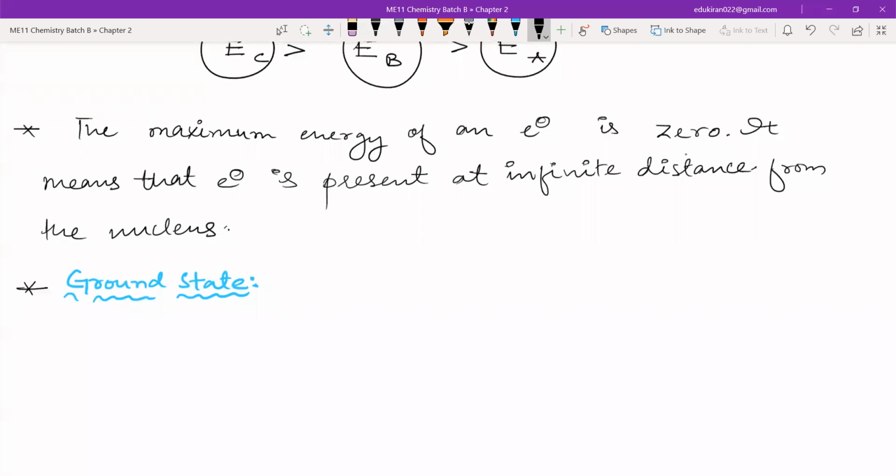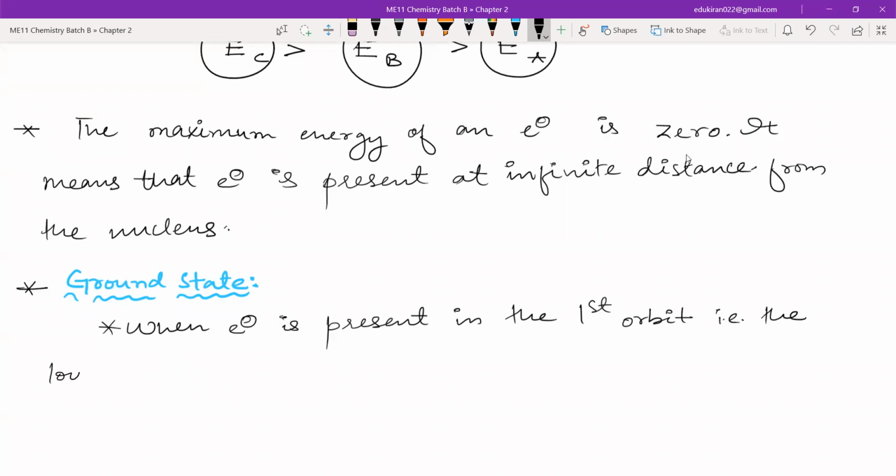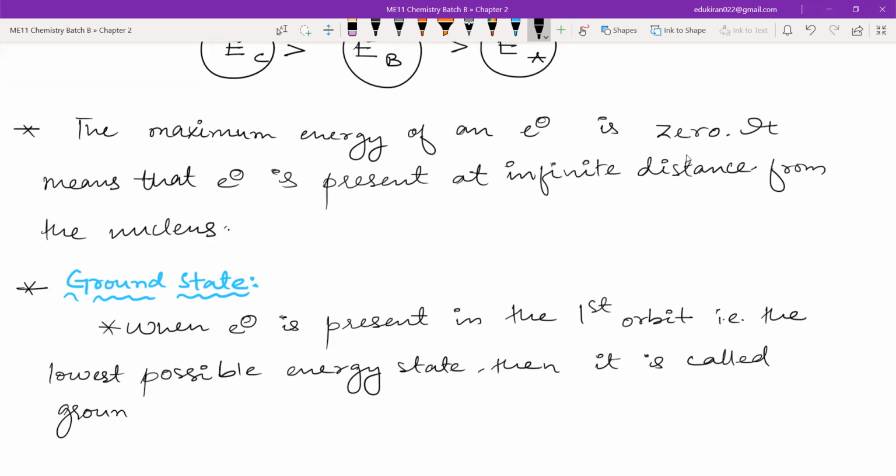If the electron, that is the hydrogen electron, is present in the first orbit, the lowest possible energy state, then it is called ground state.